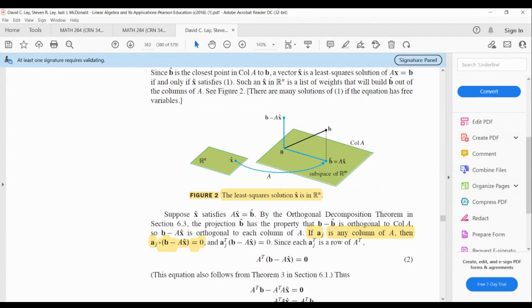Another way to express a dot product is to take the transpose of the column vector a sub j and multiply it by the vector b minus A x hat. That will equal the scalar 0.